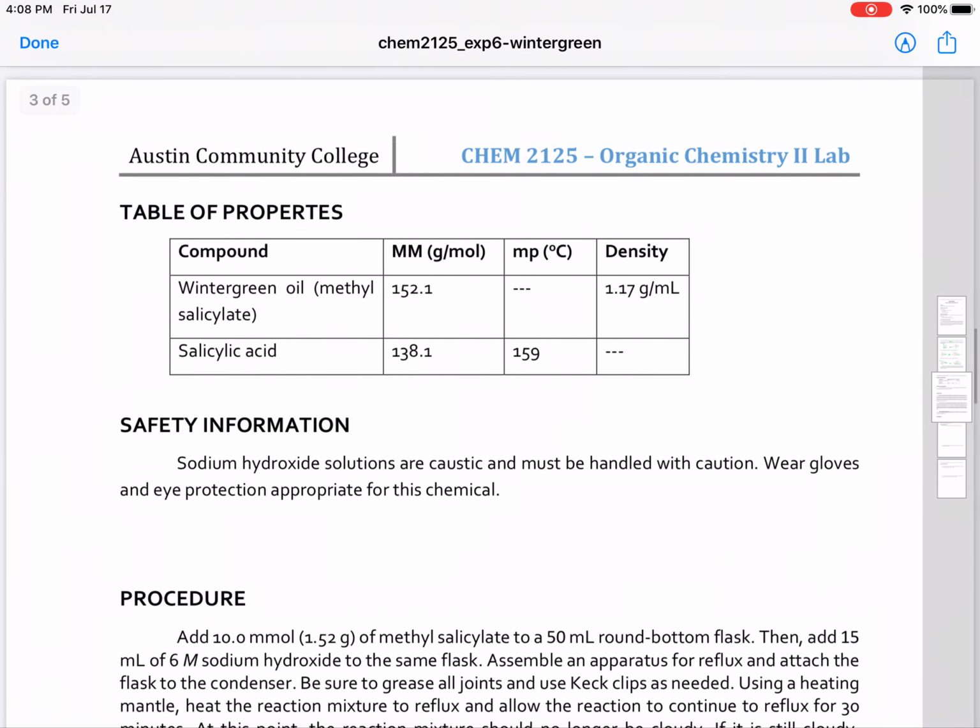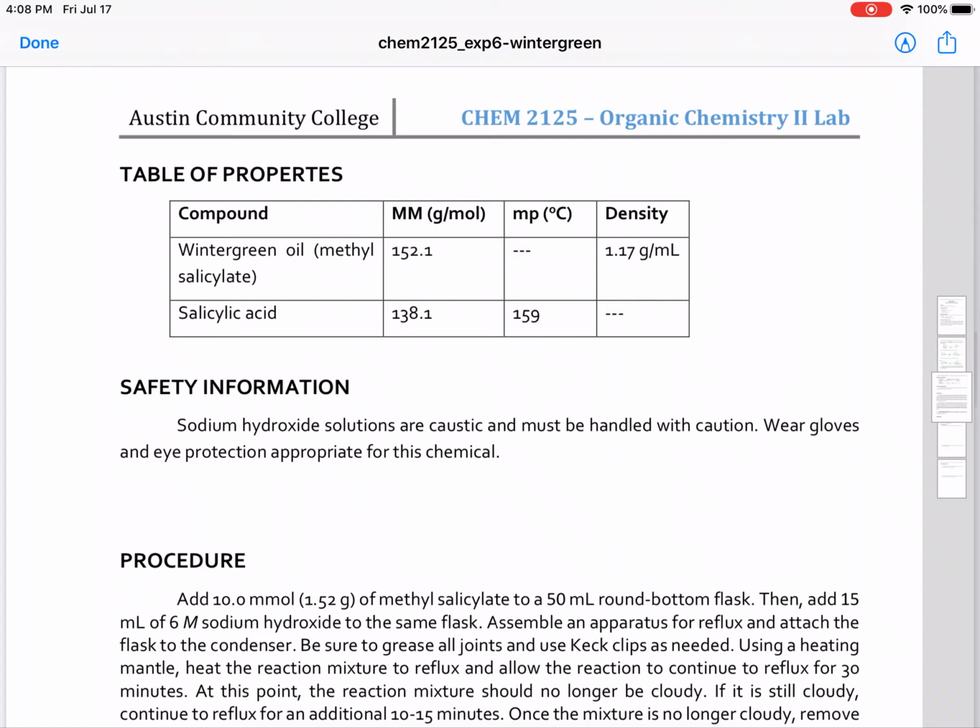These are some information about the wintergreen oil and the salicylic acid. Wintergreen oil, methyl salicylate, is a liquid. Molar mass is given.